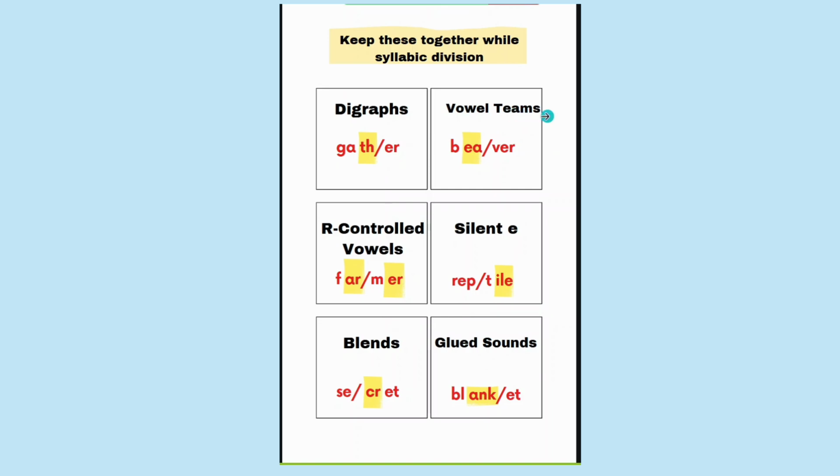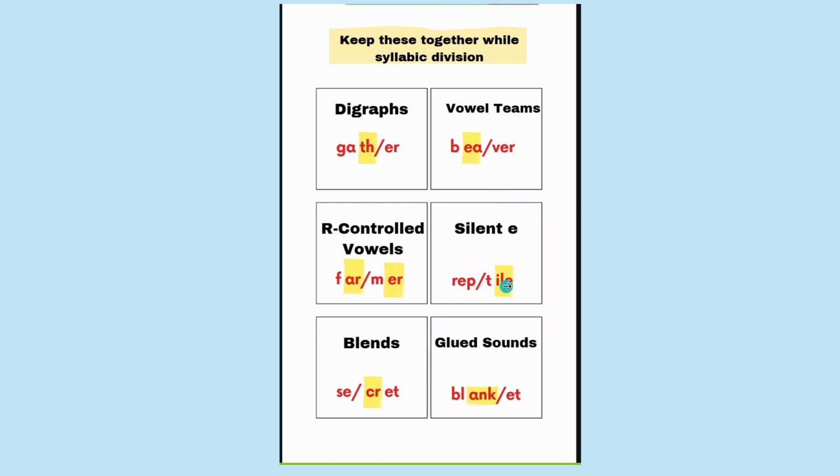If you find the vowel teams in the word, then keep the vowels in the vowel team together. In the case of R-controlled vowels, we need to keep the vowel and the bossy R together. In the case of silent E, you will find the silent E in these kinds of patterns.